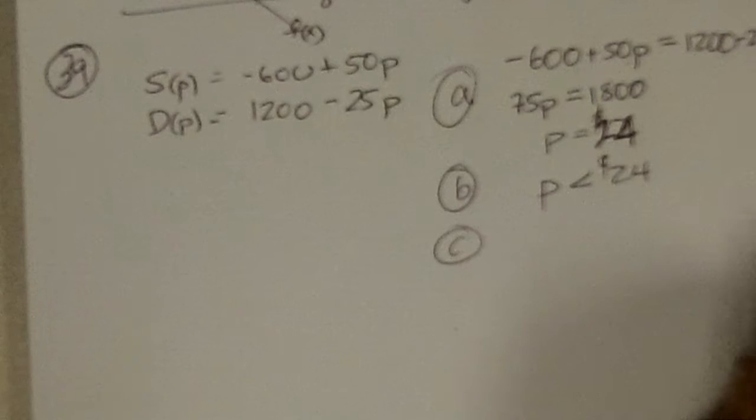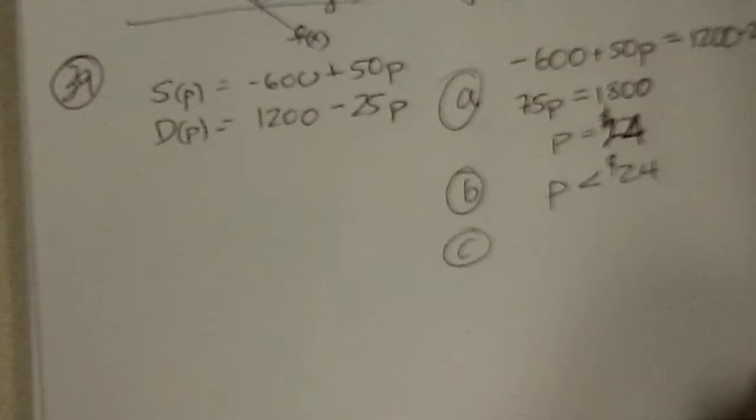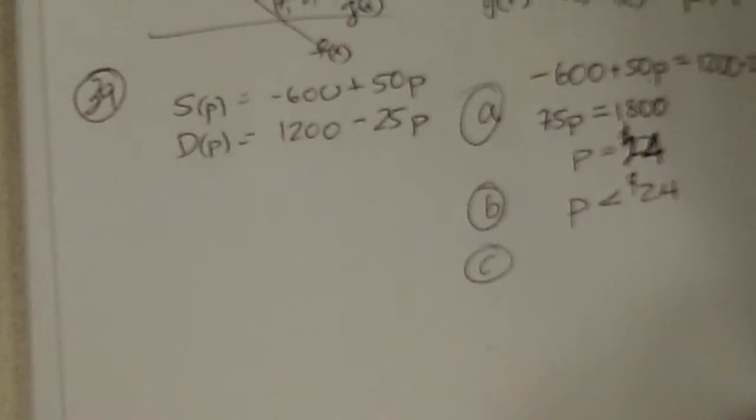That's what a free market is based on, that the supply and demand will self-regulate. They will go to the same place. Okay, and then we have 40.